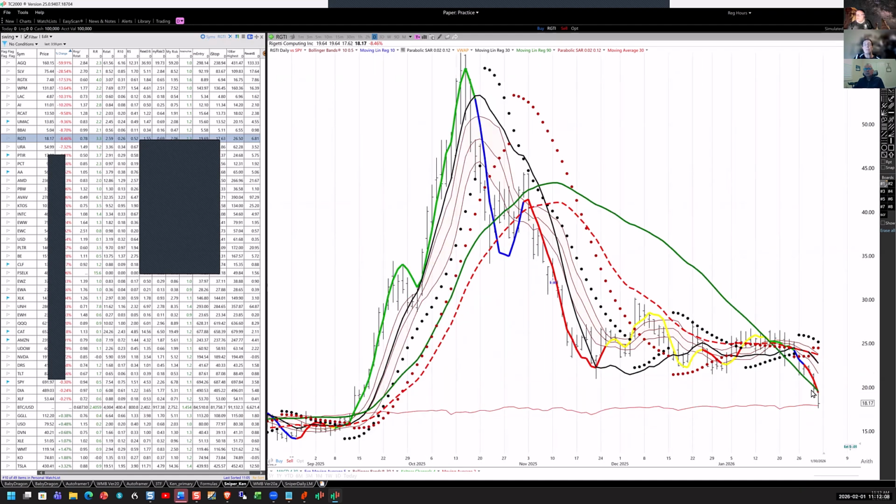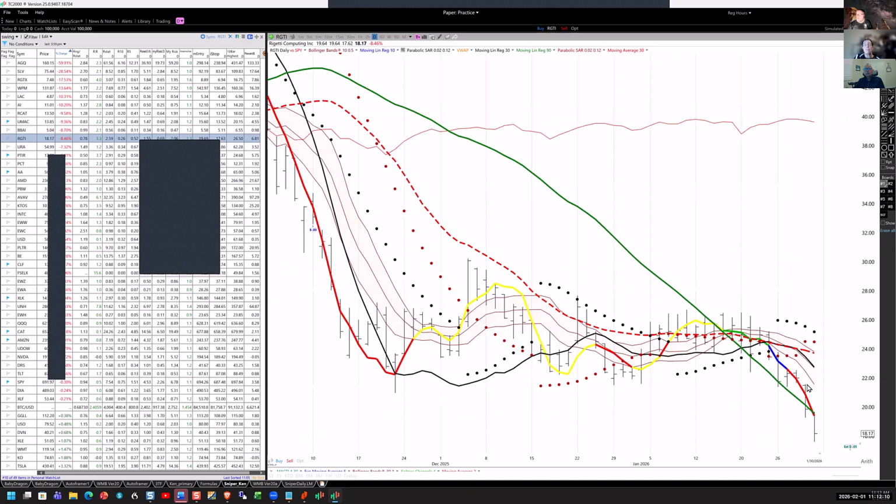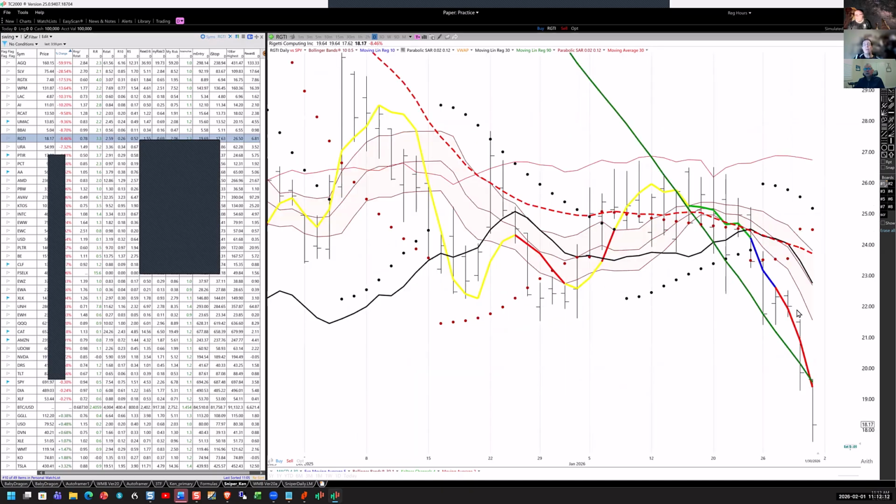So now if we come this way and looking at Rigetti, if you see, it had a very small range. So on Tuesday, this whole crap around the SMA 30, and then suddenly from about here, it had a breakdown that reversed.